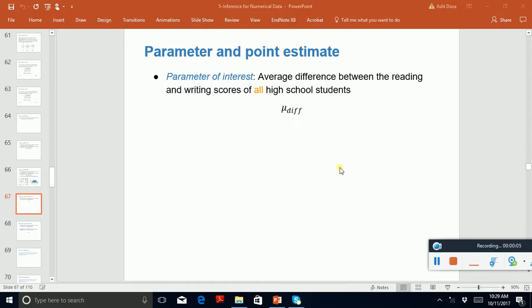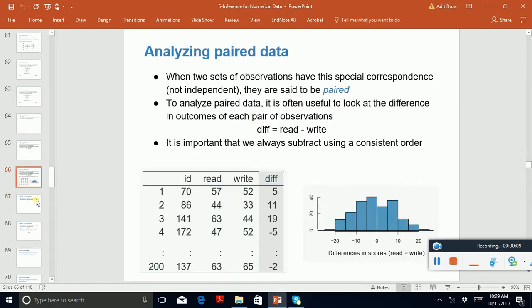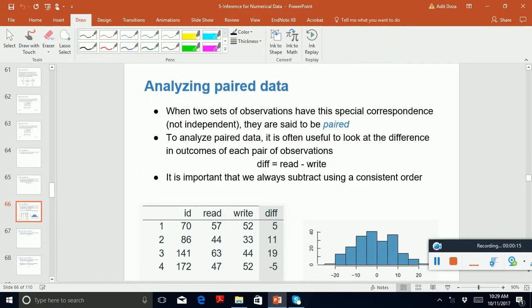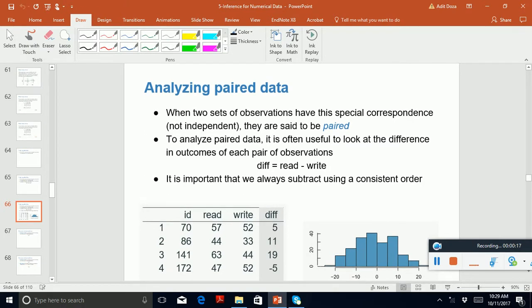So last class we discussed up to paired data, right? And I told you guys that it should always maintain a consistent order. If you recall, paired data should always have a consistent order. So in this example, the reading and writing data is there.